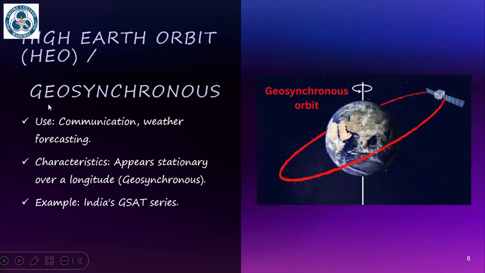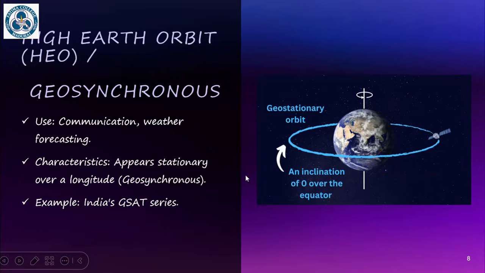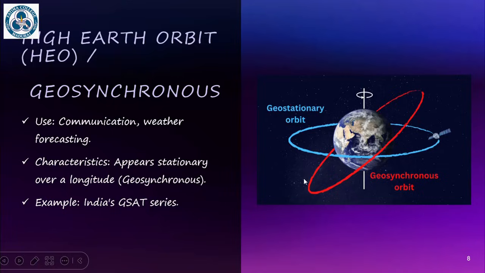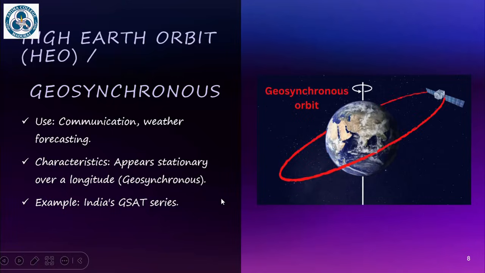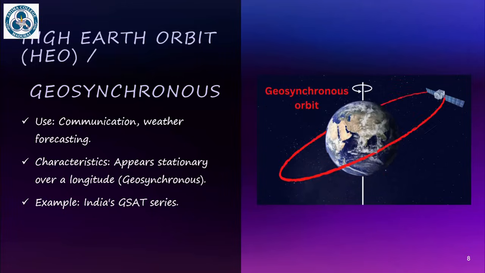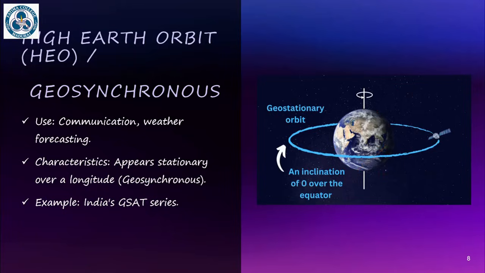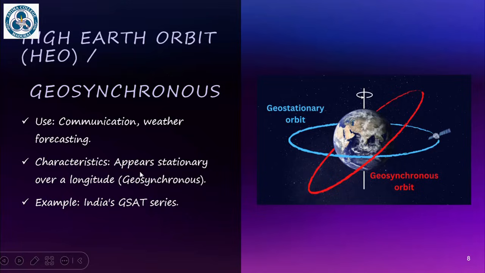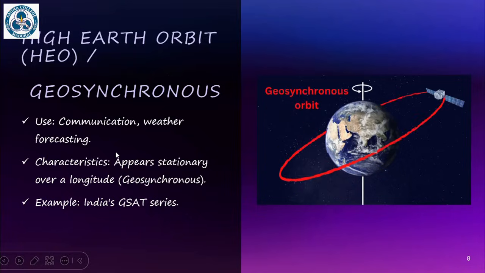Next, let us discuss high Earth orbit, particularly the most famous types, geosynchronous and geostationary orbits. A geosynchronous orbit means the satellite's orbital period matches Earth rotation, about 23 hours, 56 minutes, and 4 seconds. That is the sidereal day. A geostationary orbit, or GEO, is a special case of geosynchronous orbit where the satellite is also directly above the equator and moves in the same direction as Earth rotation.